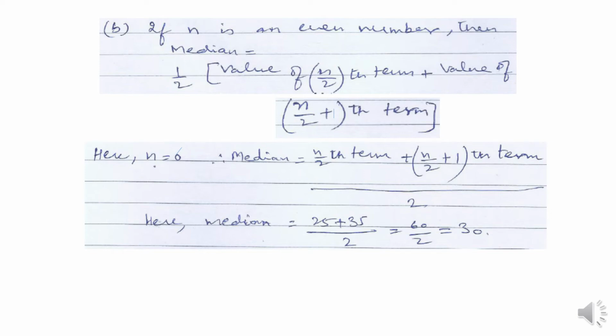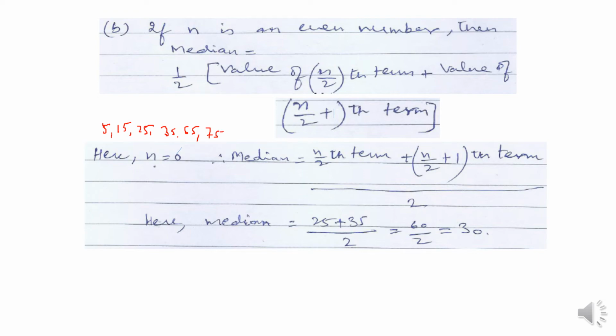Let's take one example. Suppose the data is 5, 15, 25, 35, then 65 and 75, and we have to find the median of this.